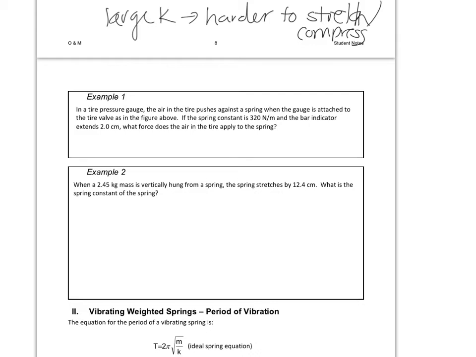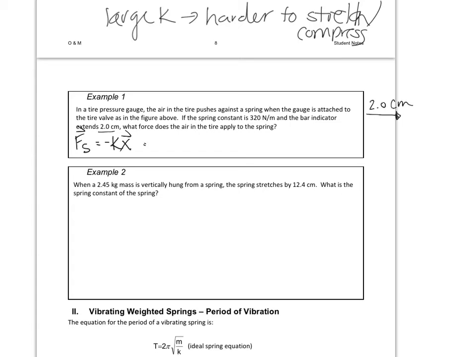So we're looking at F of S is equal to negative KX. It doesn't say whether this was a positive or a negative. So I would assume if we'd drawn it as in the picture, it has moved outwards or to the right by 2 centimeters.